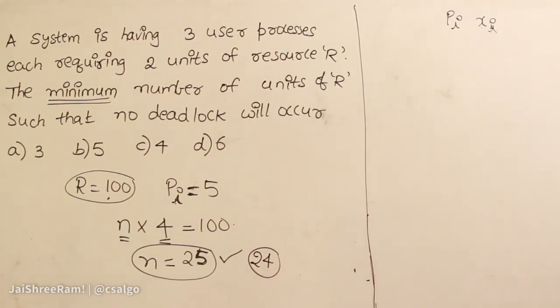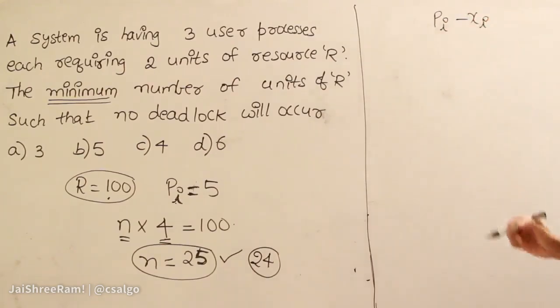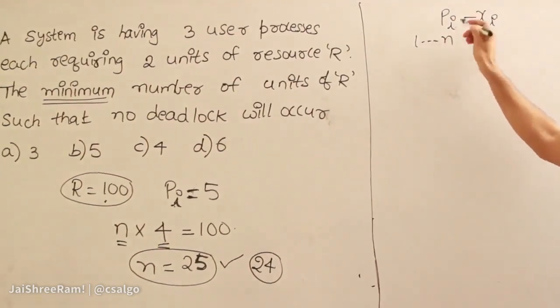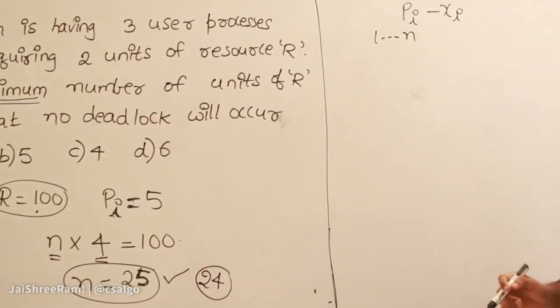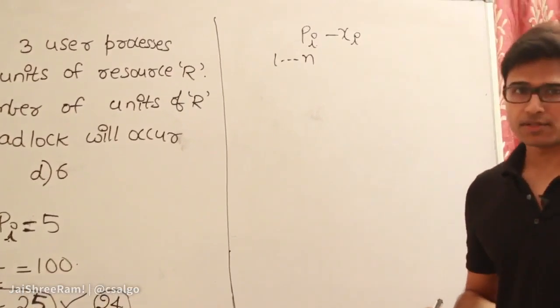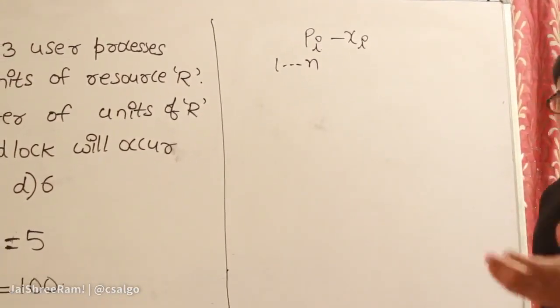So see this. Now I am saying that a process Pi requires xi number of resources, and there are n processes, which means i runs from 1 to n. Then what is the maximum number of resources even after giving which there will be a deadlock? That is the question. What I try to do is give them as many resources as possible.